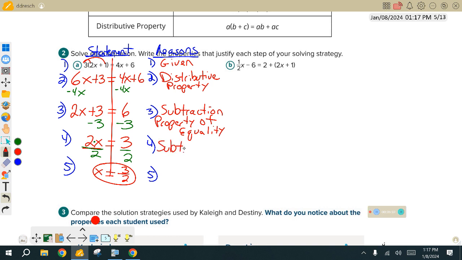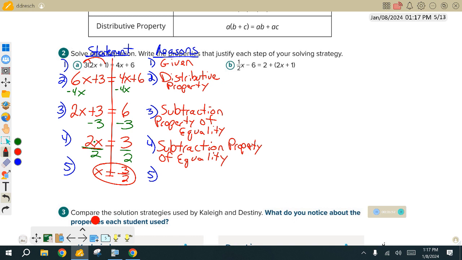It's 2 subtraction properties. We subtracted 4x, and then we subtracted 3 to get right here.